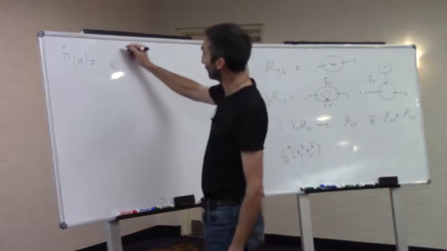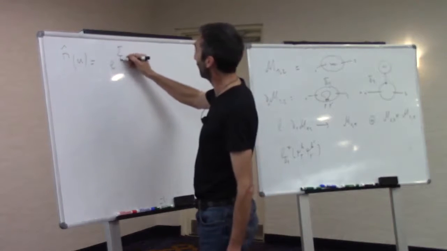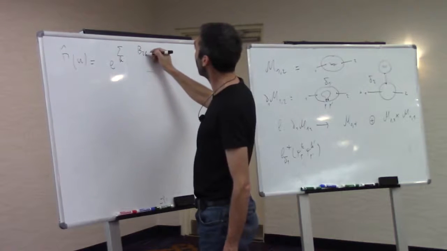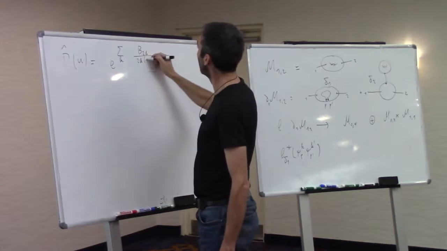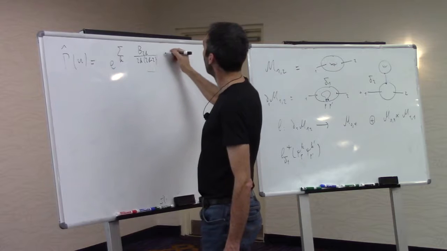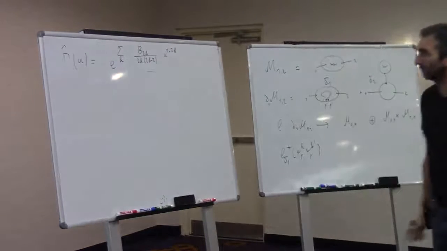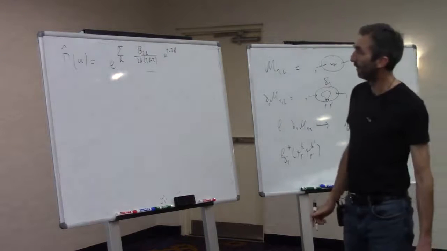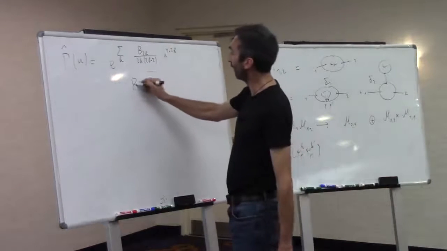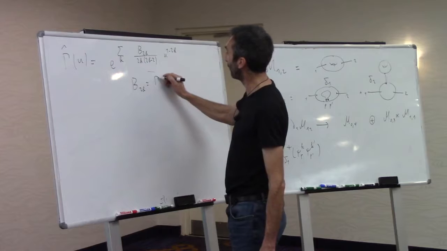This 1 over u expansion is well known. It's the sum over k of B2k over 2k(2k minus 2) u to the 1 minus 2k. And B2k are the Bernoulli numbers.